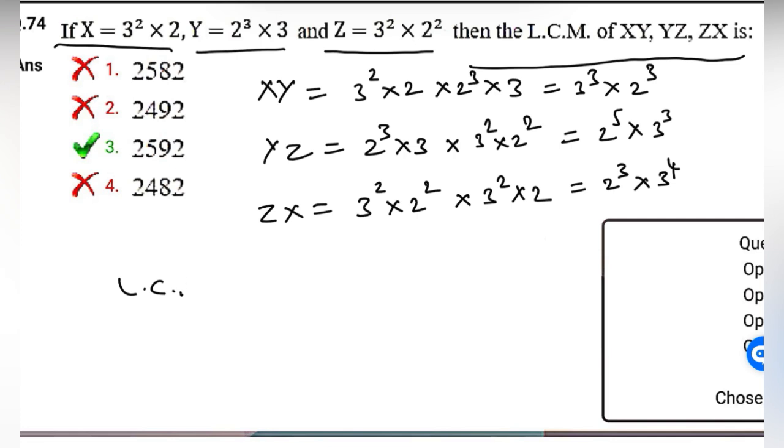Now LCM is equal to 2 power 5 into 3 power 4, which is equal to 2592.